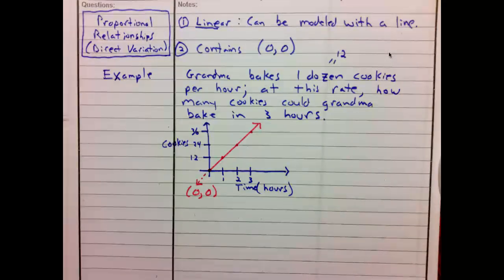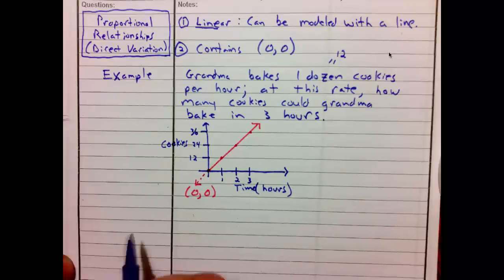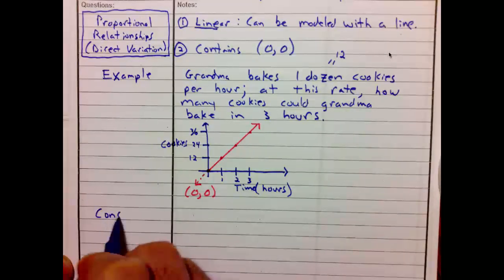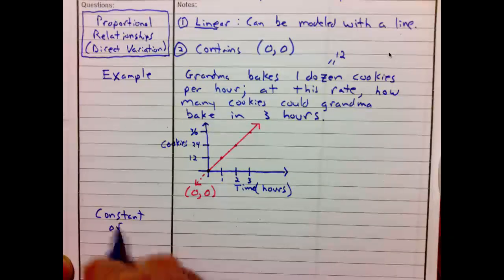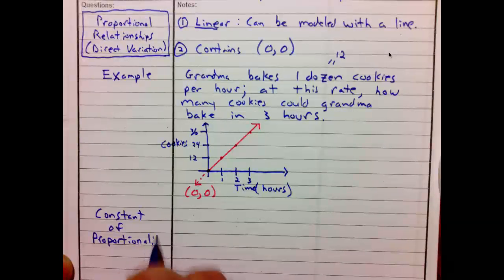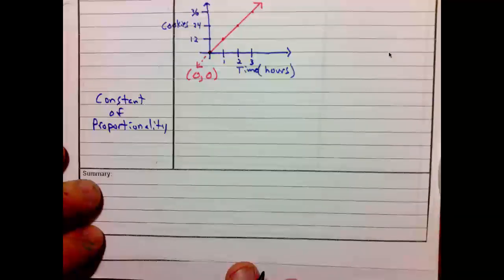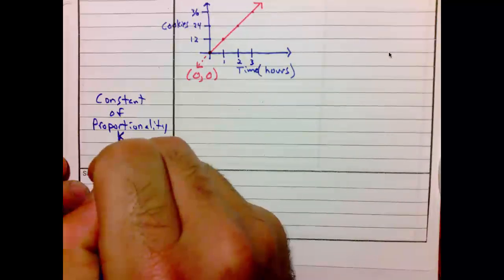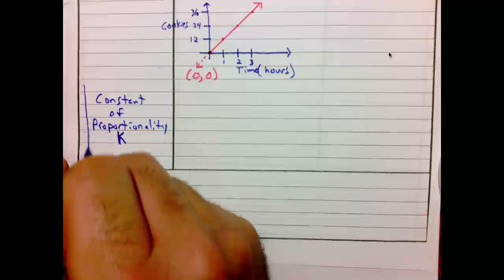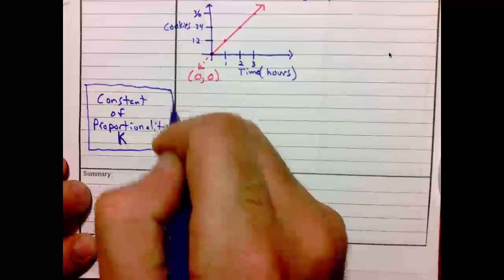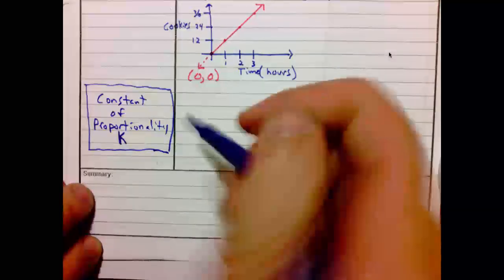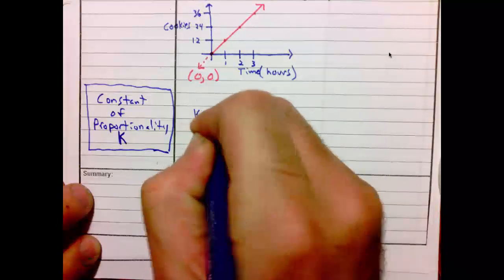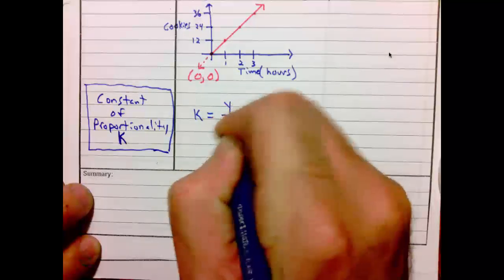All right. Next, we need to consider the constant of proportionality. We use the letter K to signify the constant of proportionality. Alright, K is defined by y divided by x.